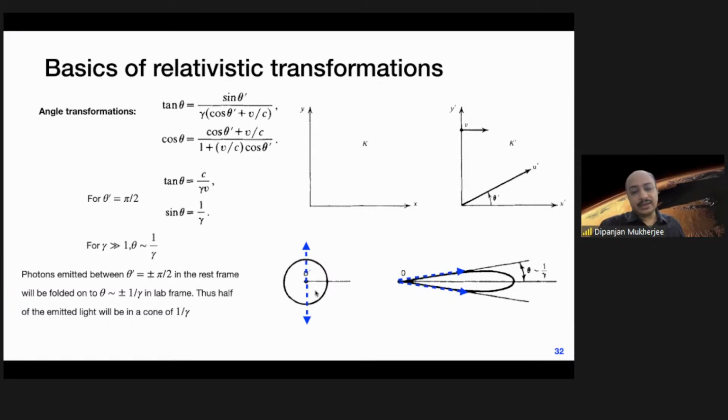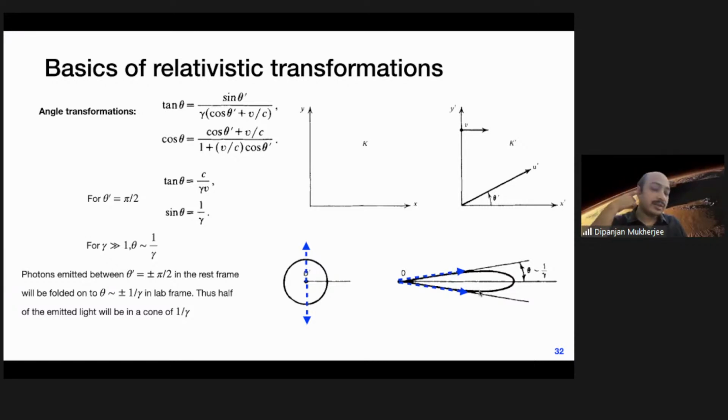Now, if you just look at the angle transformations and put theta prime equals pi by 2 in this formula, you will find that for a highly relativistic case, tan theta is proportional to c by gamma v. So essentially theta is proportional to 1 by gamma, sine theta is 1 by gamma. So if gamma is very large, these two lines in the rest frame will get mapped towards the forward direction in this way. The pi by 2 in the rest frame of that moving object gets mapped into a very small angle of 1 by gamma.